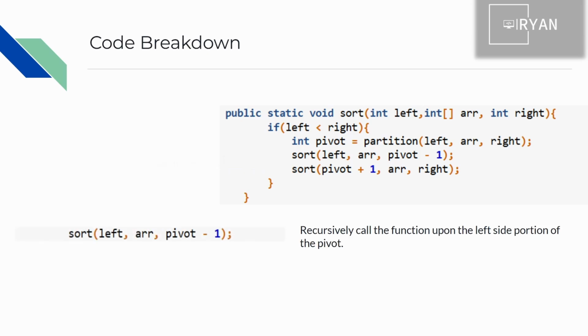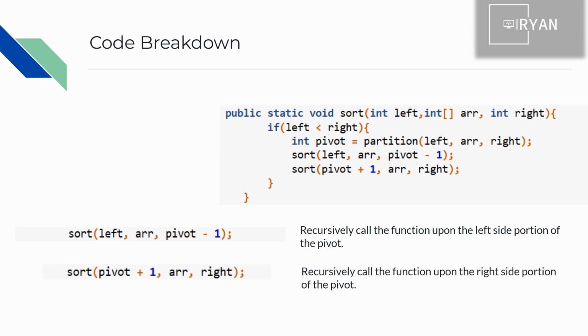Basically, this part means that we are going to perform the partition method upon the left side portion of the pivot. Left will be our starting point of our sorting section, and pivot - 1 will be the index just before pivot, meaning that we are going to perform partition upon that sorting section, upon that range.